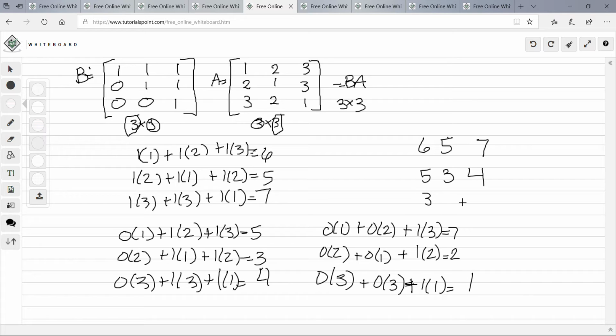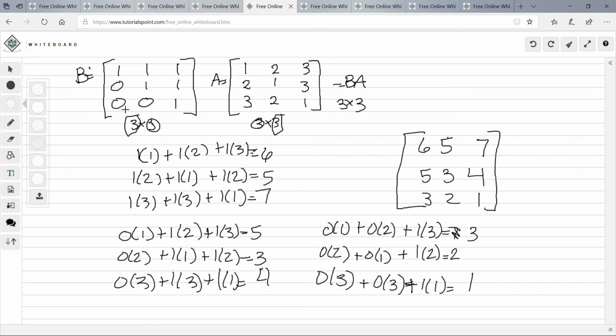So this should not be 7, this should be a 3. So this is a 3, 2, 1. Do you understand how I got 3, 2, 1? I multiply this row by each and every column of A. So I did 0 times 1 plus 0 times 2 plus 1 times 3.